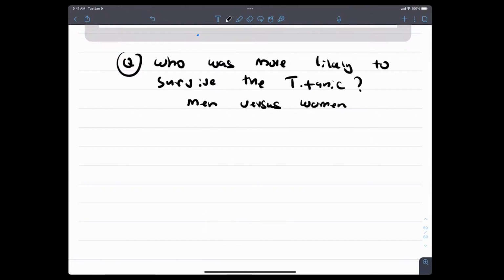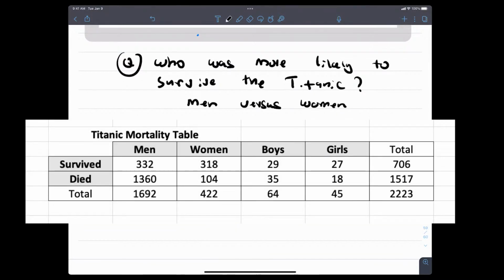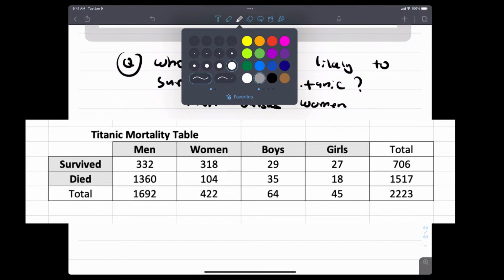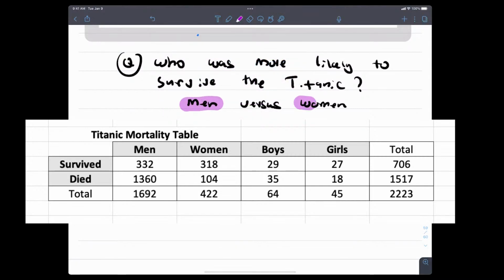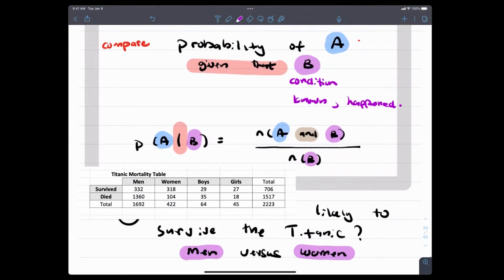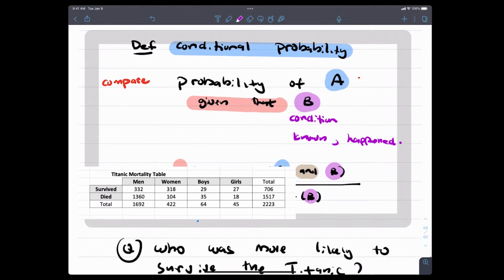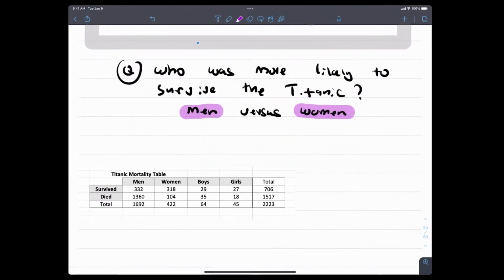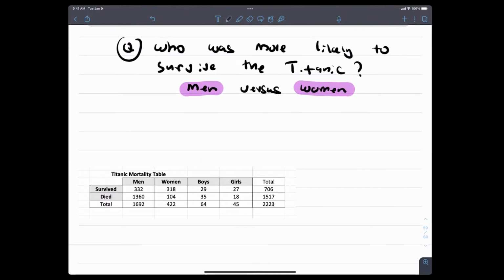So in order to answer that question, let me kind of remark to you guys. I'm going to use the conditional probability definition. Okay? Let me express to you the same exact question as conditional probabilities.